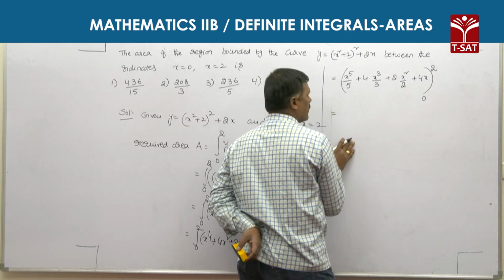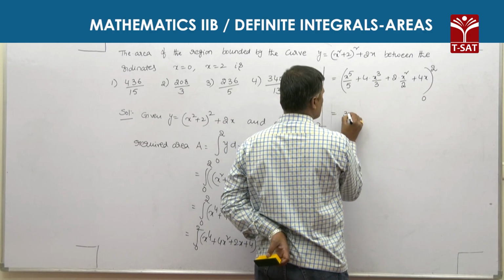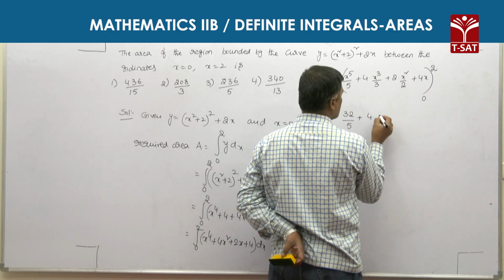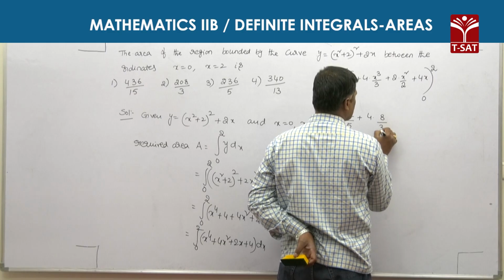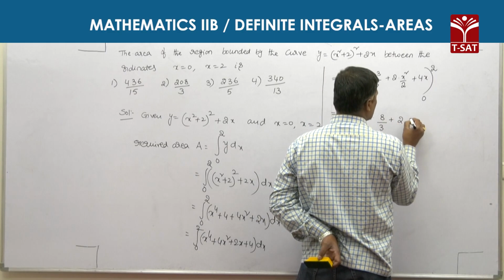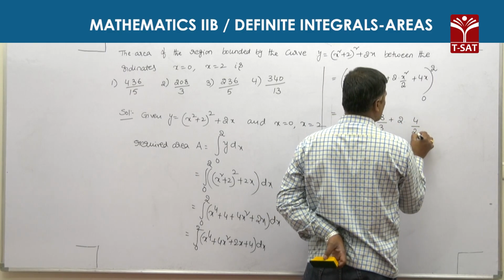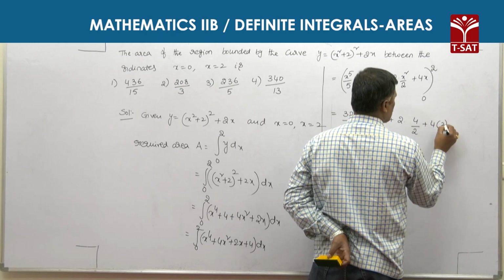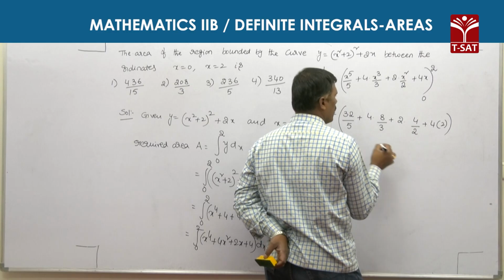upper limit 2 power 5 is 32 divided by 5 plus 4 into 2 cube 8 by 3 plus 2 into 2 square 4 by 2 plus 4 into 2, minus lower limit 0.